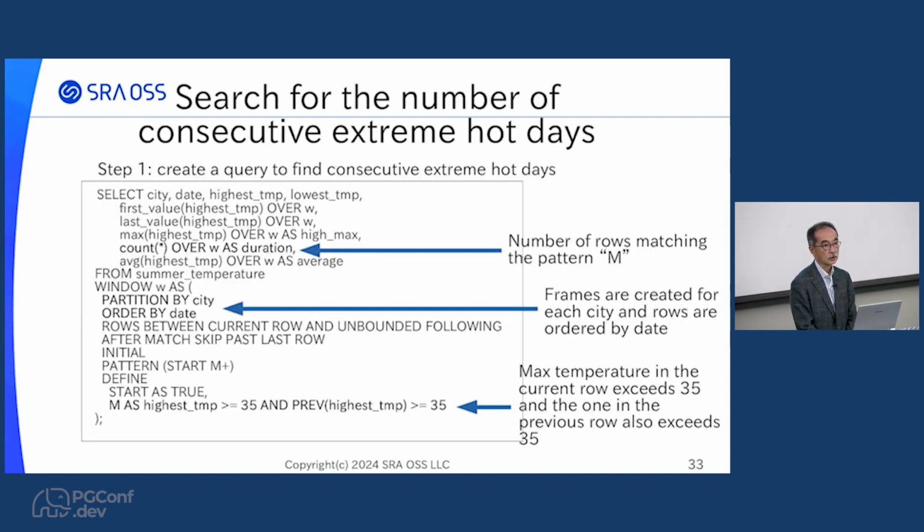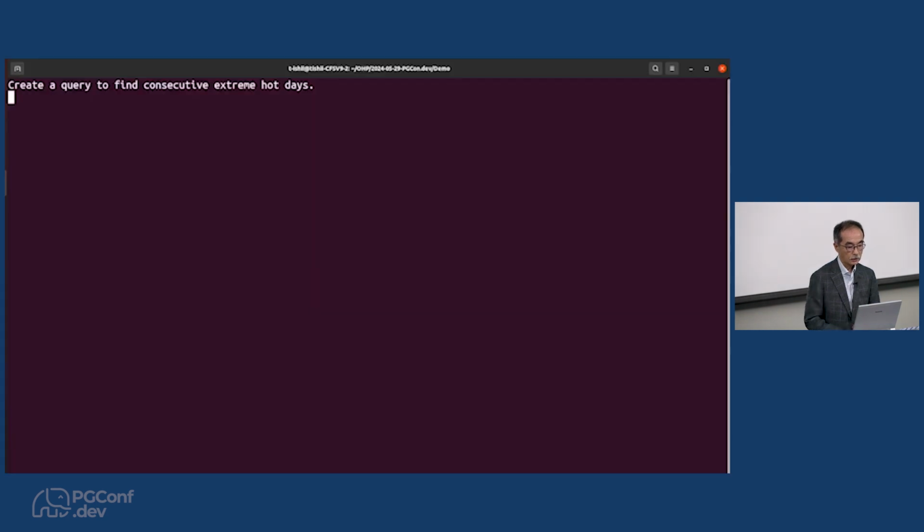Here is the actual query used for the demonstration. The first query returns extreme hot days regardless of the consecutive days. Let me switch to the actual demonstration window. The first query is to find the consecutive extreme hot days, as I already showed.